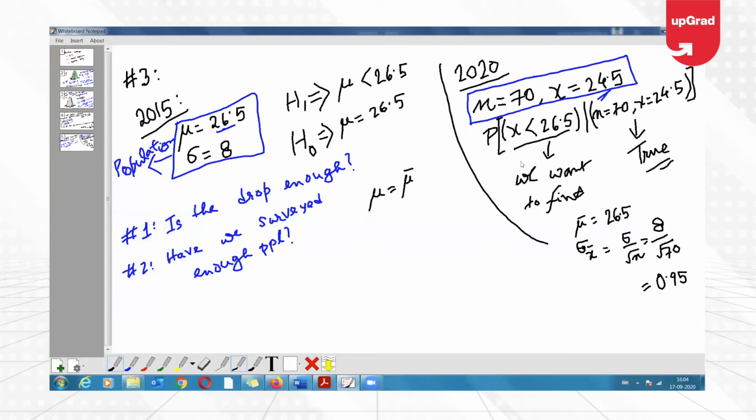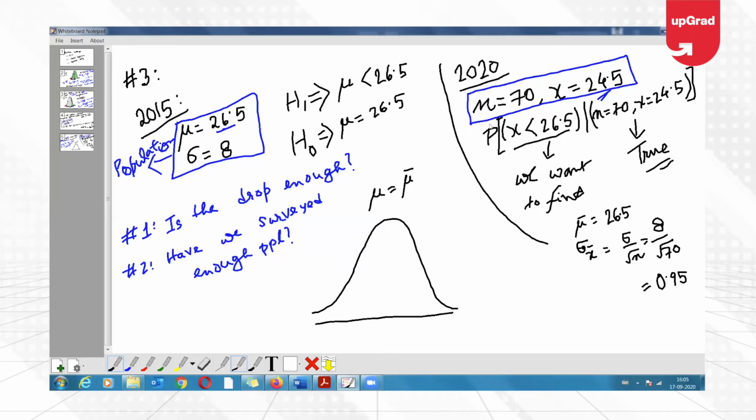So now let's draw this graph and try to mimic this condition here. Remember, I do not know whether this is true or not.